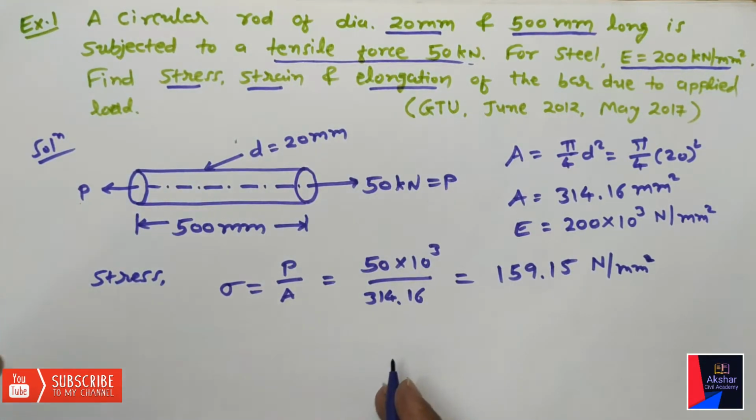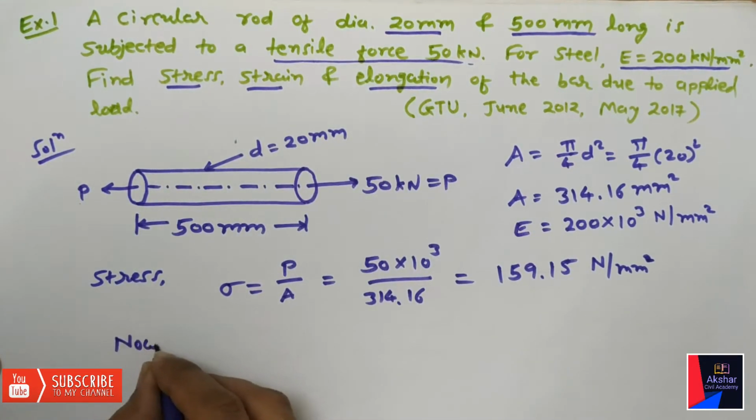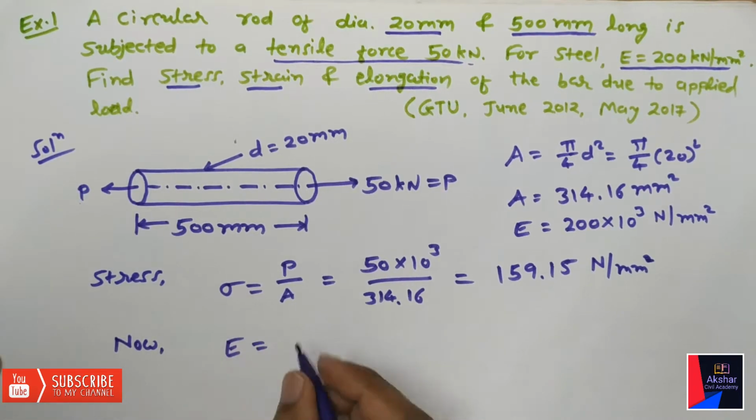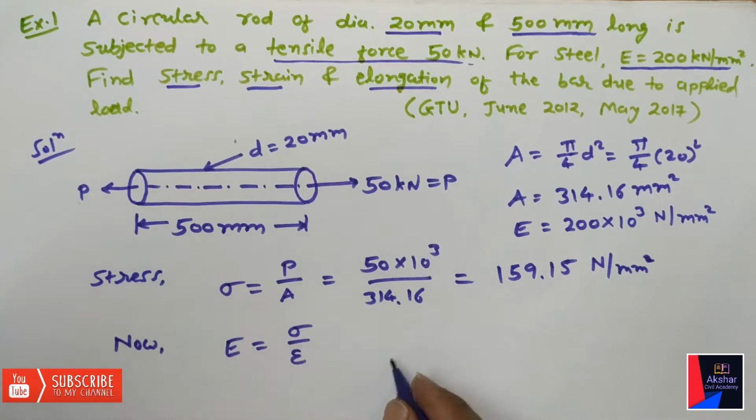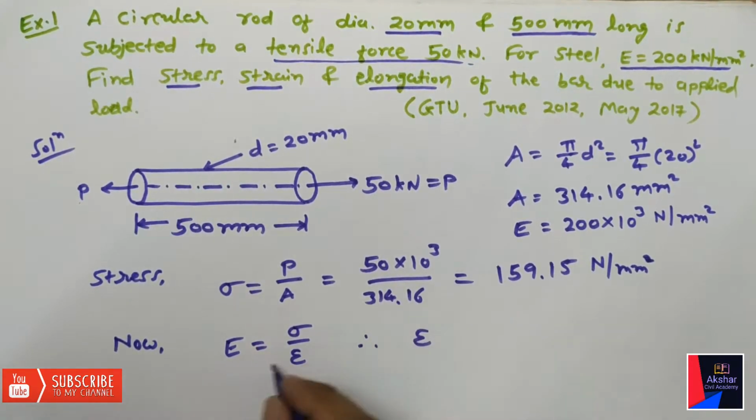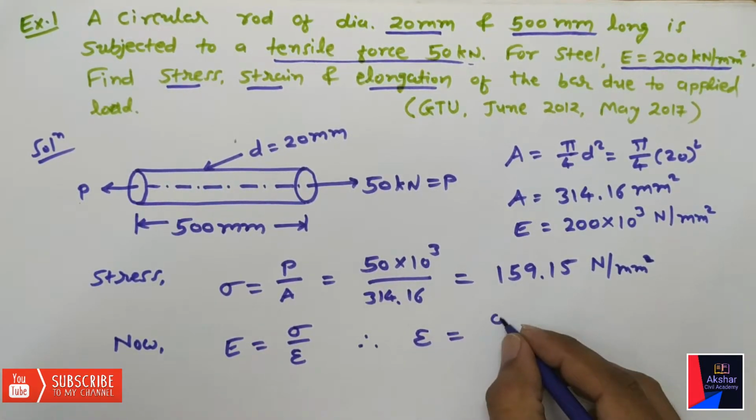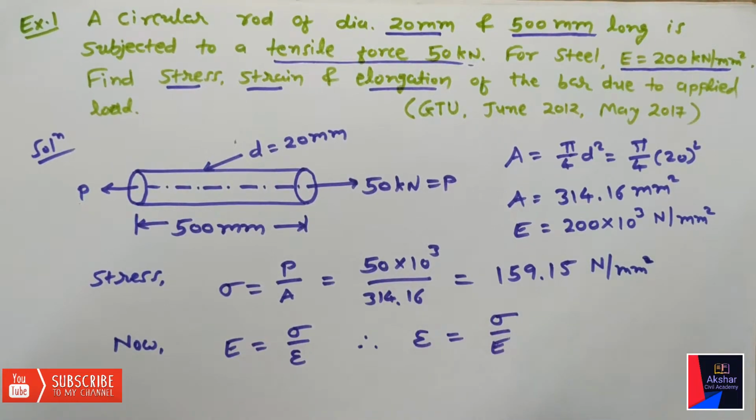Now we know that modulus of elasticity E is equal to stress upon strain. So the stress-strain ratio is the modulus of elasticity, and we can find strain from this equation. Strain will be equal to stress upon modulus of elasticity.